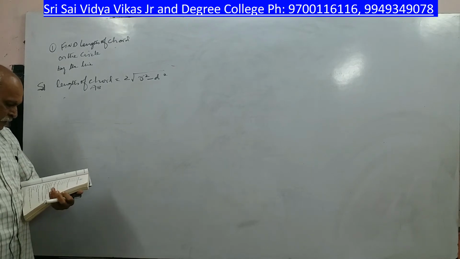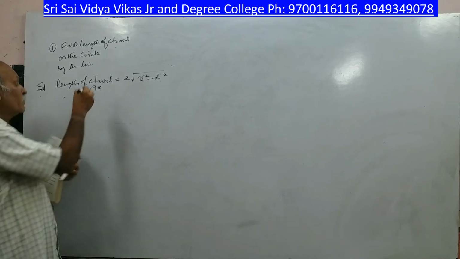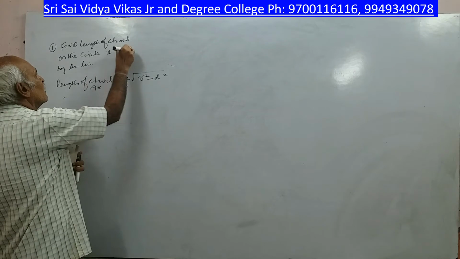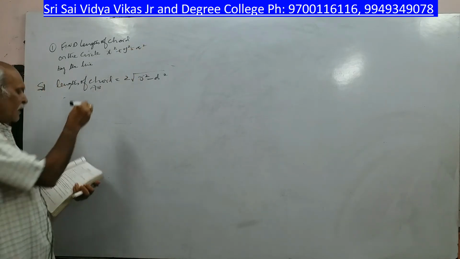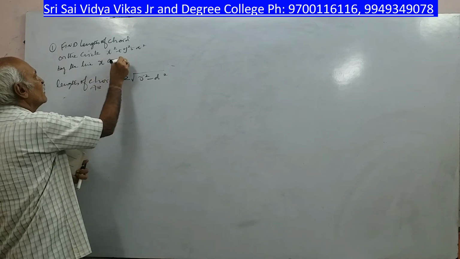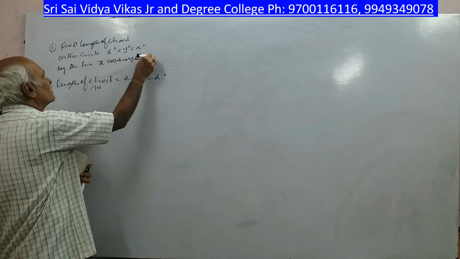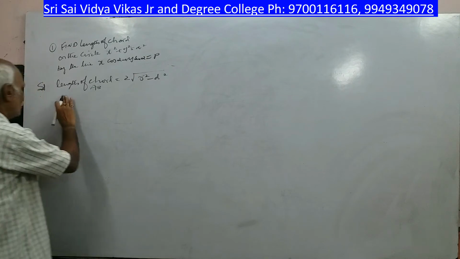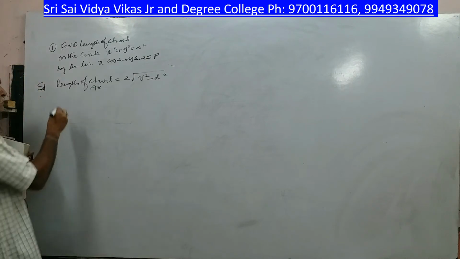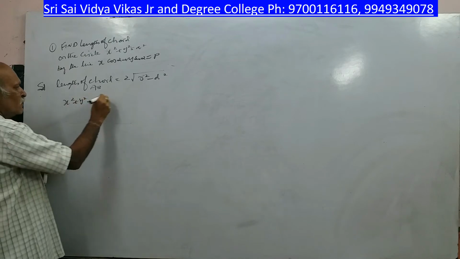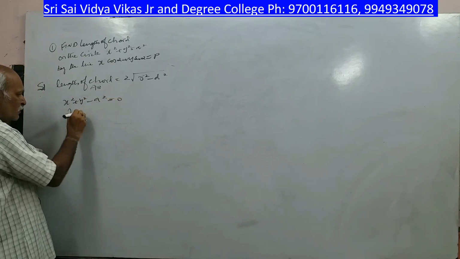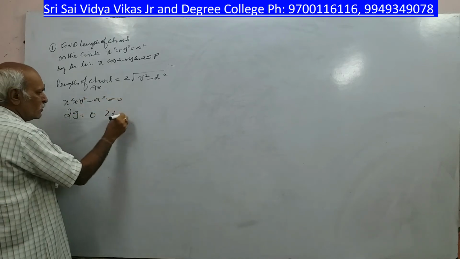Okay, next. Find the length of the chord by the circle x square plus y square is equal to a square on the line x cos alpha plus y sin alpha is equal to p. Again, circle equation x square plus y square minus a square is equal to 0. 2g is equal to 0, 2f is equal to 0.